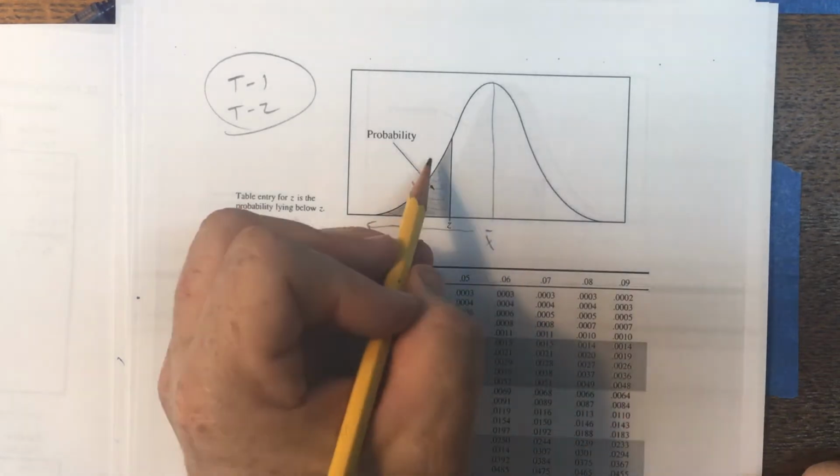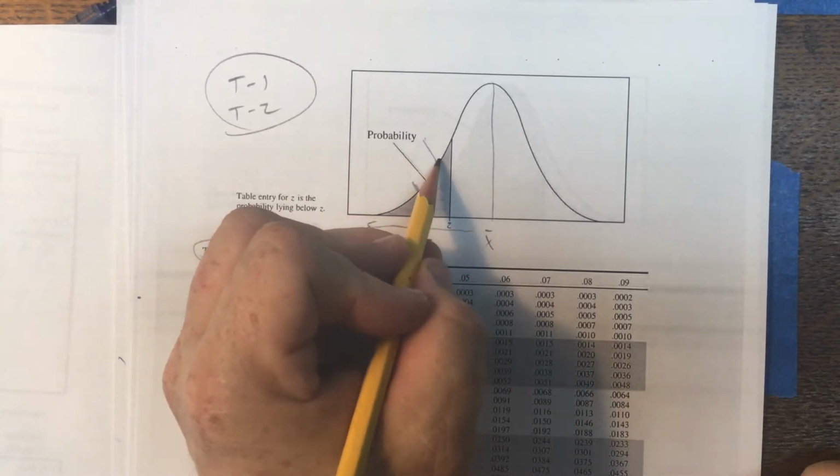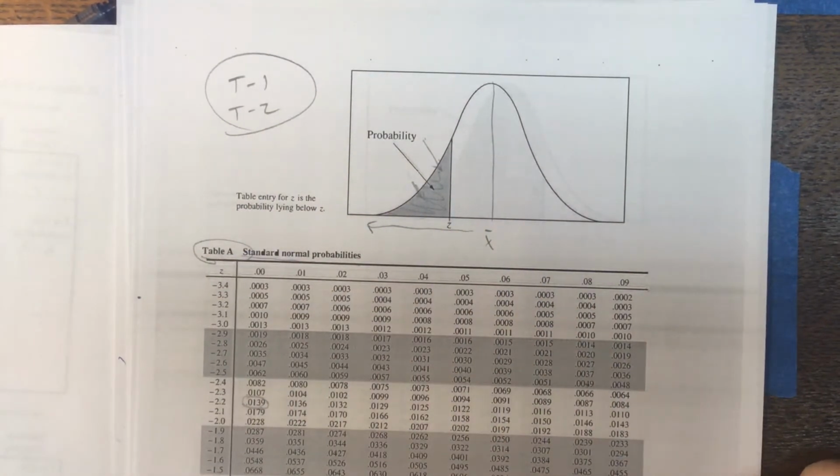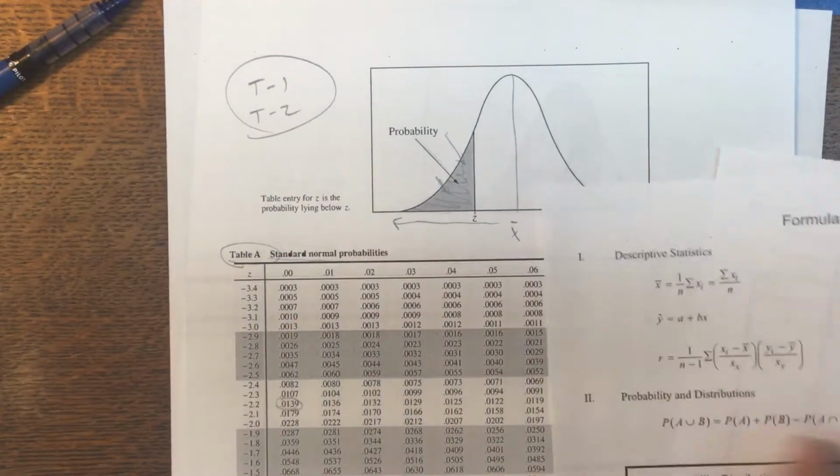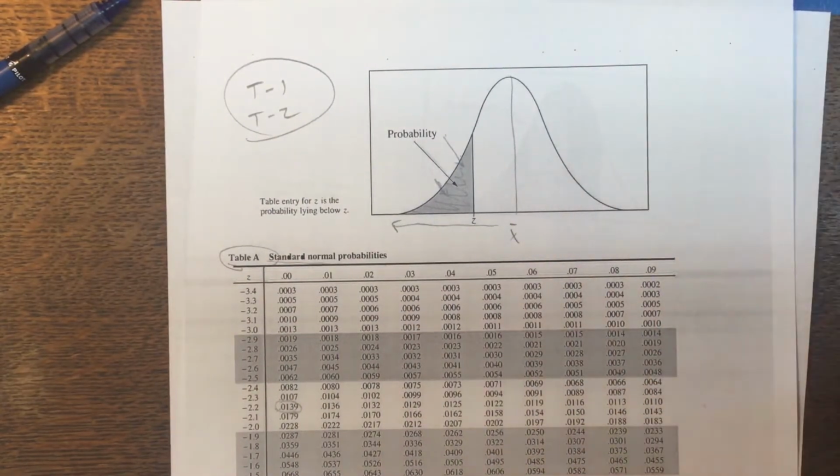So the key is you got to remember this only gives you the area shaded to the left. There's other tables in here that we'll use later, but this is the main one you need to worry about right now. So let's go ahead and start using this piece here.